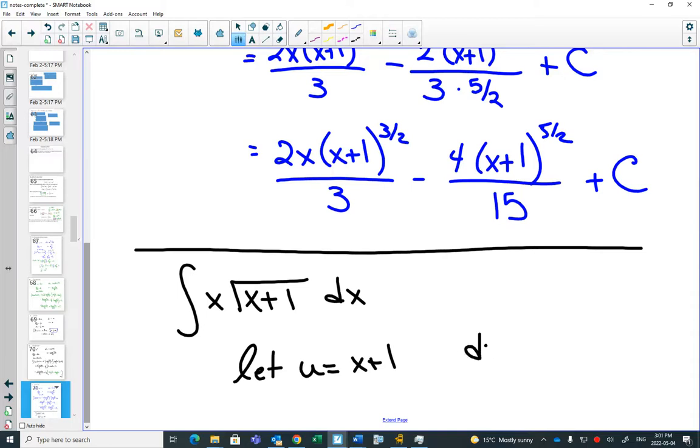Then the derivative, du dx, would just equal 1, so du is equal to dx. But under our normal substitution rules, we have a problem. Can you see that the x plus 1 would get replaced with the u? The dx would get replaced with the du. What's the problem? Nothing replaces the x. Right?